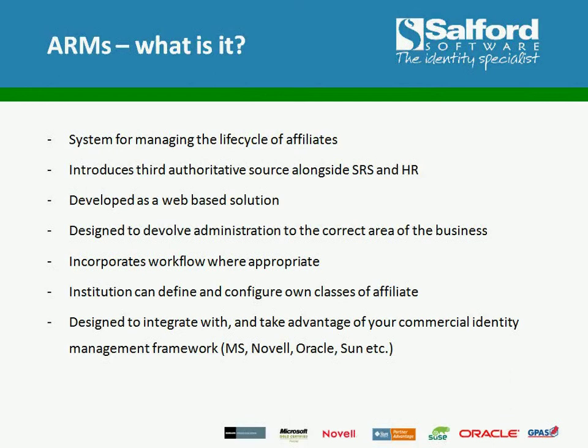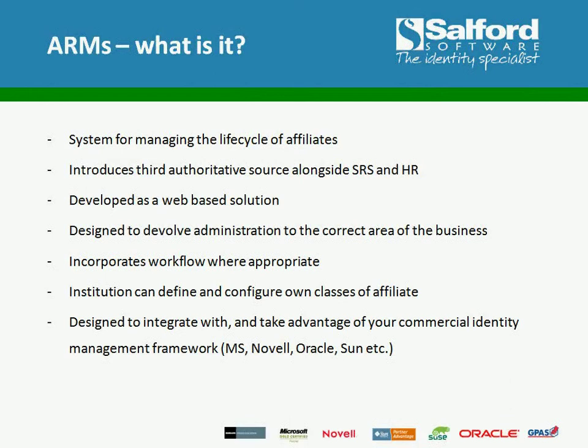So typically speaking, a university college stores their normal students and their payroll staff in both student records and HR. But there's always a need to have these other people around the business that need access to IT systems, but there's nowhere to draw their identity from. So that's where ARMS comes from.